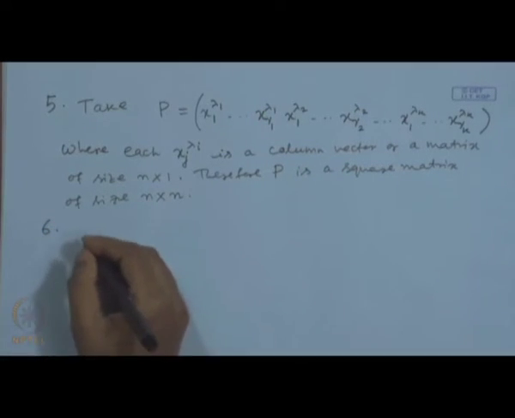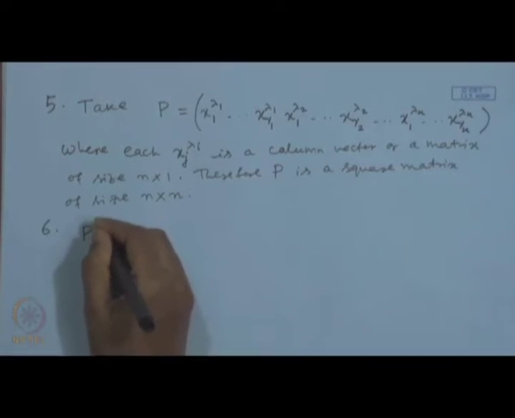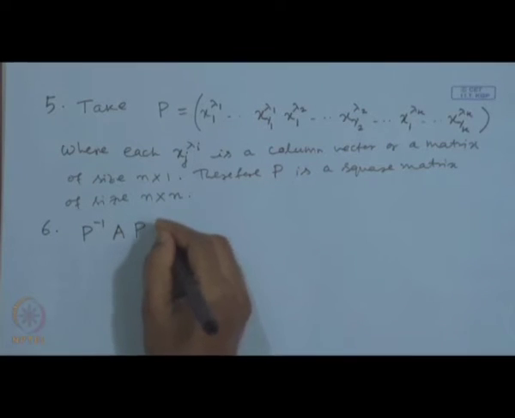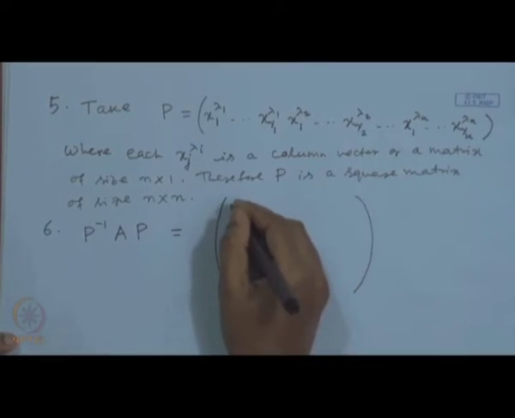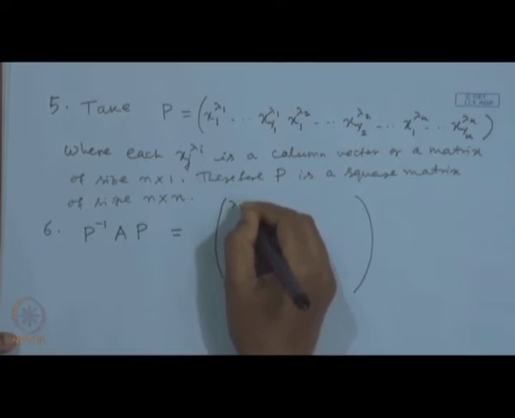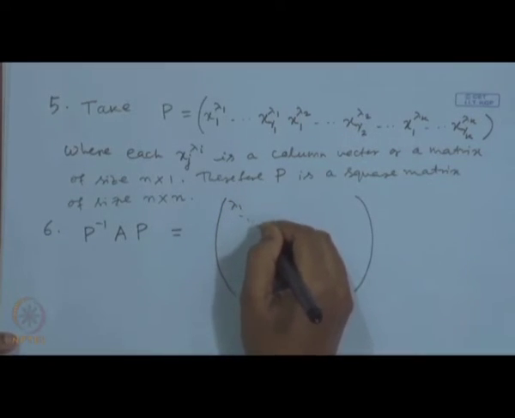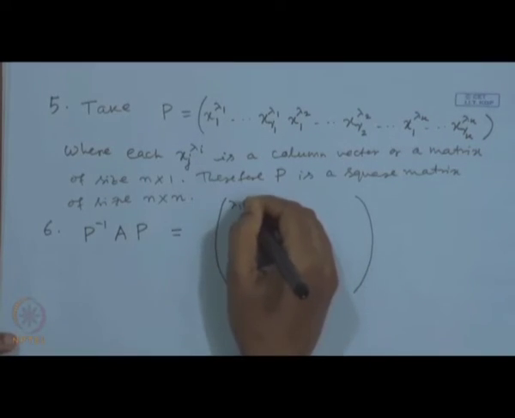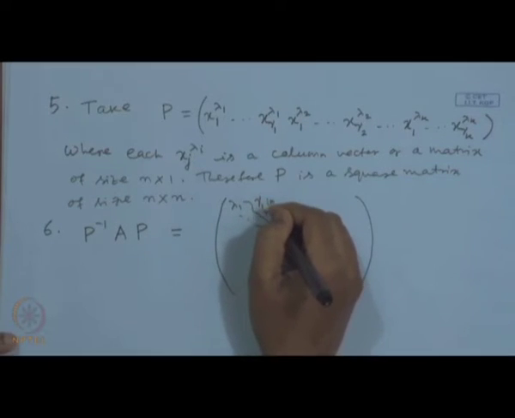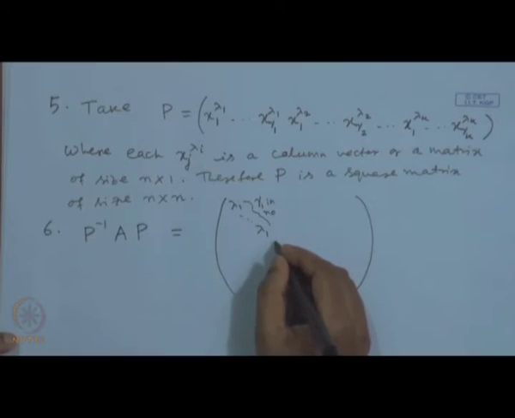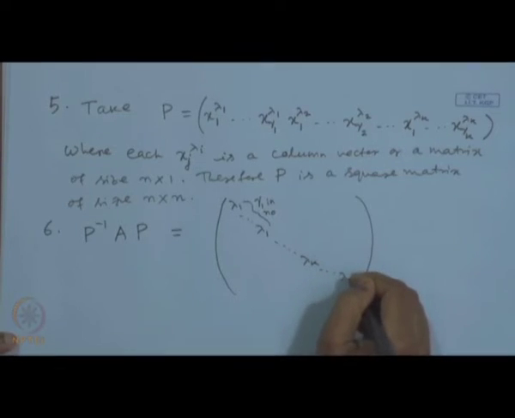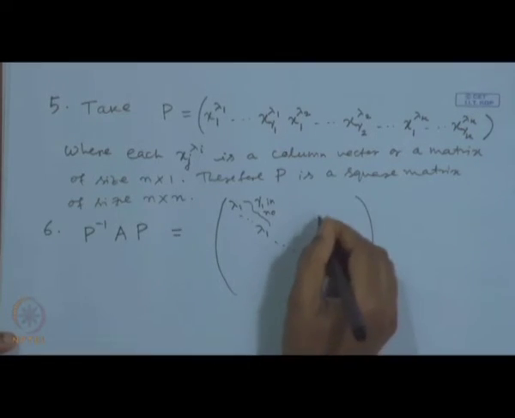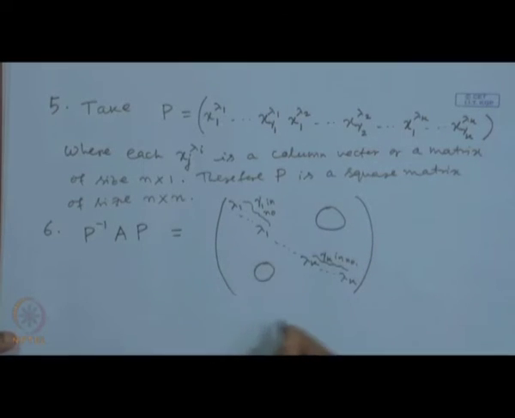So, now we get that P inverse A P is equal to the matrix where on the diagonal, first lambda 1 appears gamma 1 times, then lambda 2, and so on up to lambda k, which appears gamma k times, and the rest are the 0 matrices.